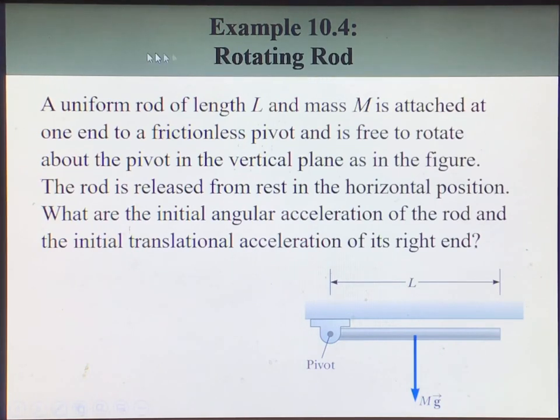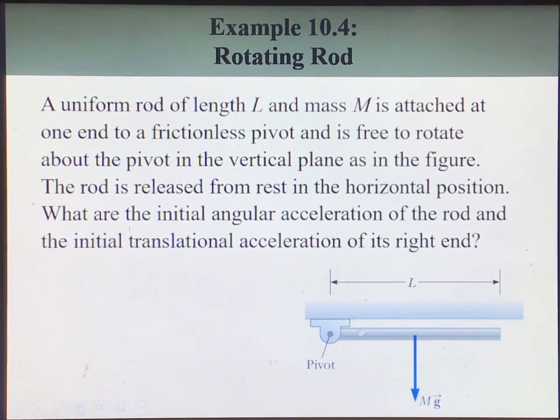We have a uniform rod of length L and mass M, attached at one end to a frictionless pivot, and free to rotate about the pivot in the vertical plane as in the figure. The rod is released from rest in the horizontal position, and we're asked to calculate the initial angular acceleration of the rod and the initial translational acceleration of its right end.